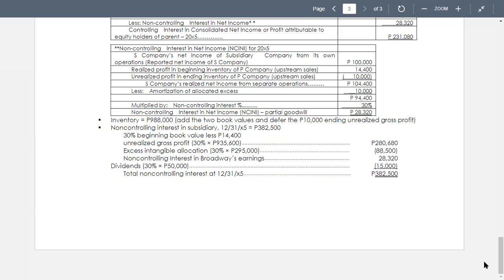The net income from own separate operations of Arid equals 120,000. That's the result of deducting from 600,000 the amounts 400,000 and 80,000. So the difference is 120,000. We multiply it by 20%, the non-controlling interest, that gives 24,000. So letter D for number 16.